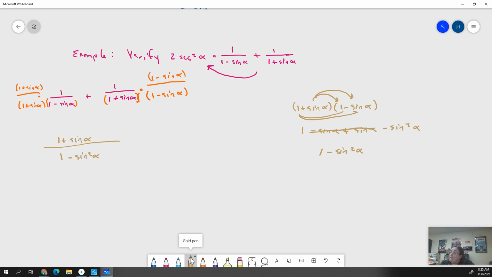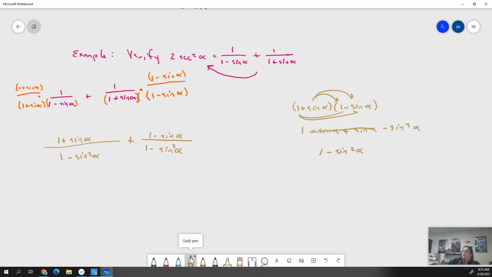And this is going to be plus 1 minus sine of alpha over also 1 minus sine squared of alpha.